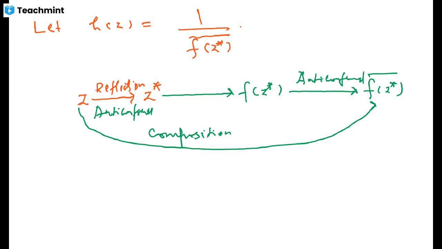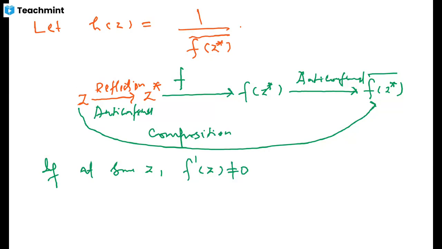So we have the composition of two anti-conformal maps, and we have a third map also. And the third map is f, and f is an analytic function. You know about that. If at some z the derivative of f at that point is non-zero, then we know that the function is conformal there.